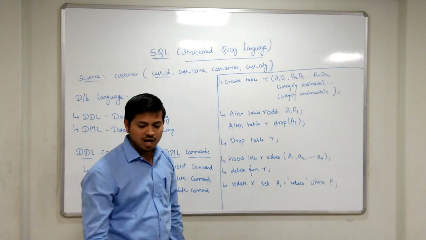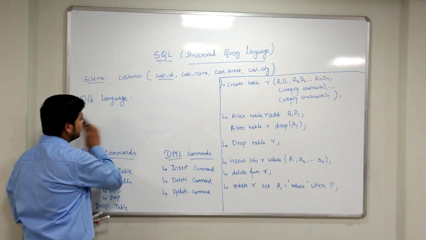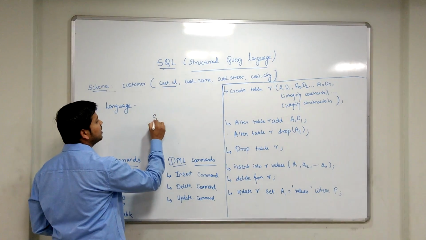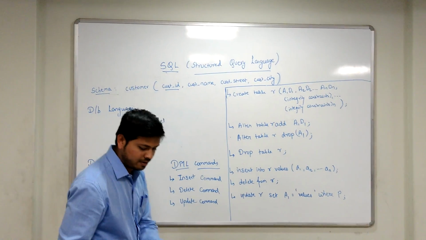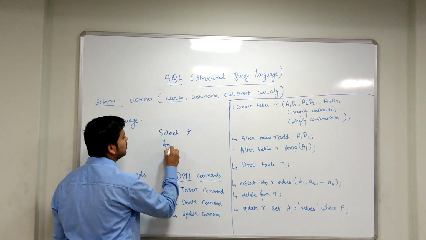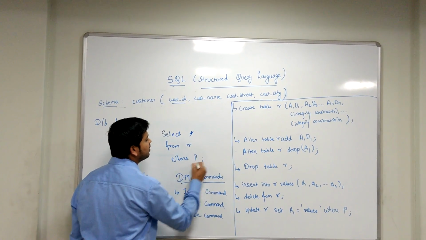and by using that condition we can simply modify the existing database. Okay, now after this you can also access the information from the relation, and for that you have to write select star from relation name where predicate.